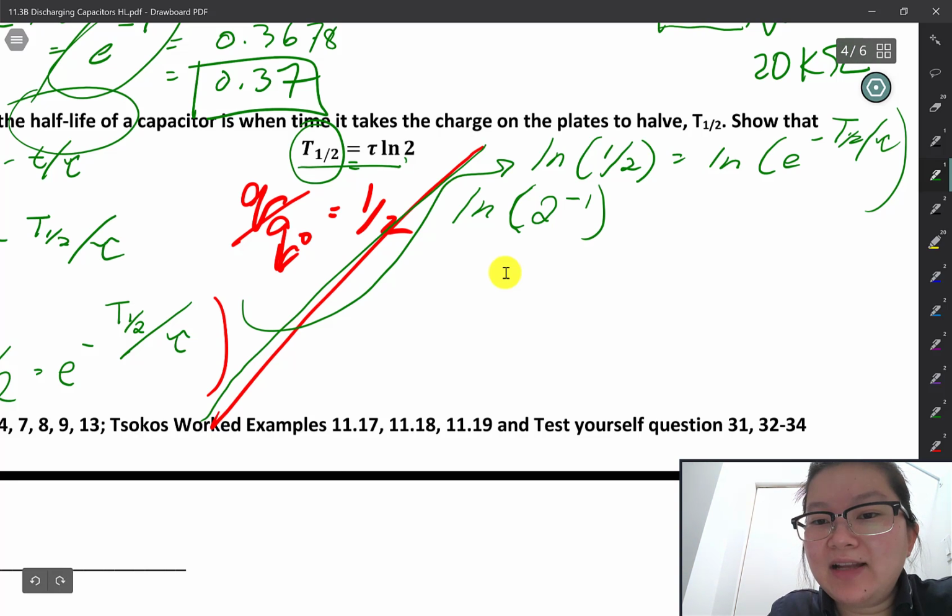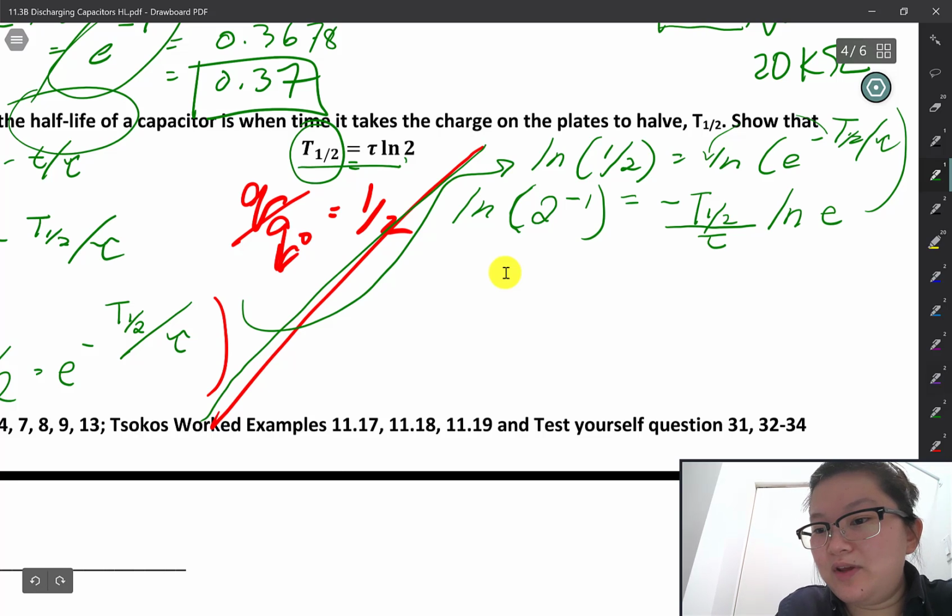If I have ln of e, then my exponent pops out in front, which is just negative t half-life divided by tau, and then this is ln of e. We know that ln of e is 1, not 0, my bad.